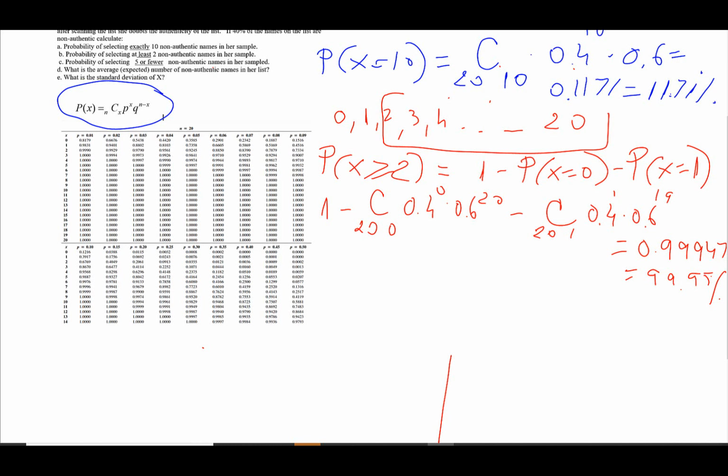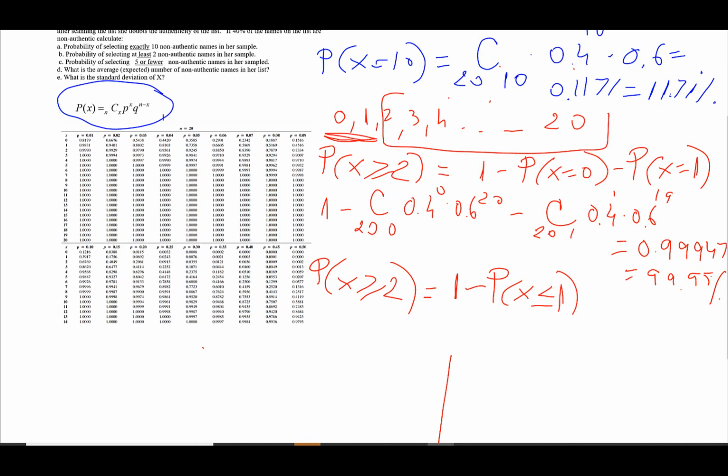So, because I'm looking to calculate the probability to have at least 2 non-authentic, I can do it as 1 minus the probability when x is equal or less than 1, and I can use the table for this probability. So the probability to have at least 2 non-authentic names is 1 minus the probability when x is equal or less than 1.